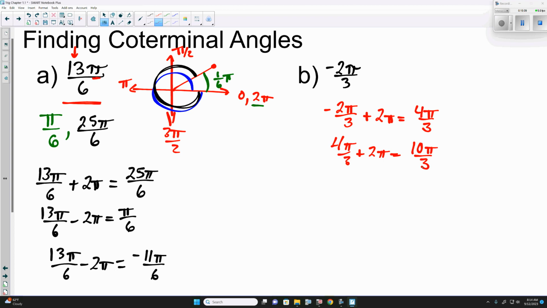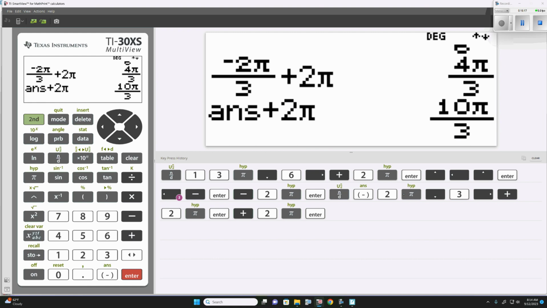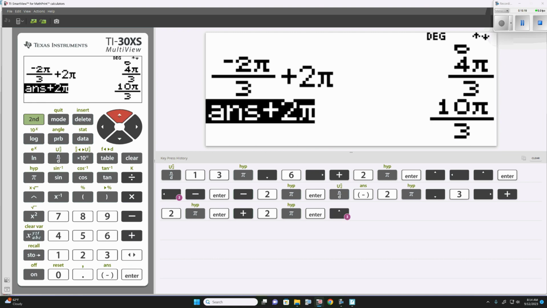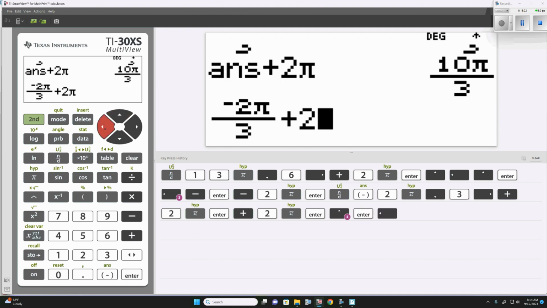Now we could also, instead of adding it, subtract it, and get negative 8 pi over 3.